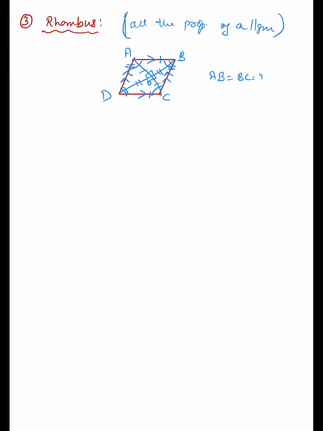In the beginning we said opposite sides are equal. Yes, that is very much there. But here what is the extra property? That all four sides are equal in a rhombus. Now coming over to the fourth figure, that is a square. Now a square has the maximum number of properties.